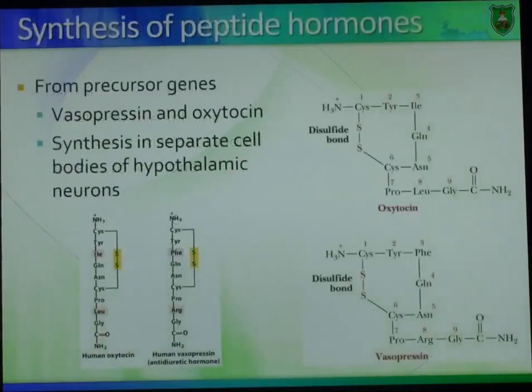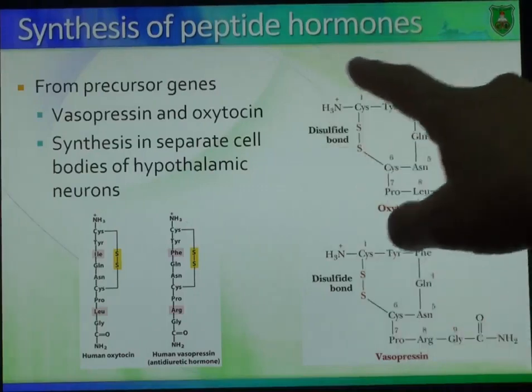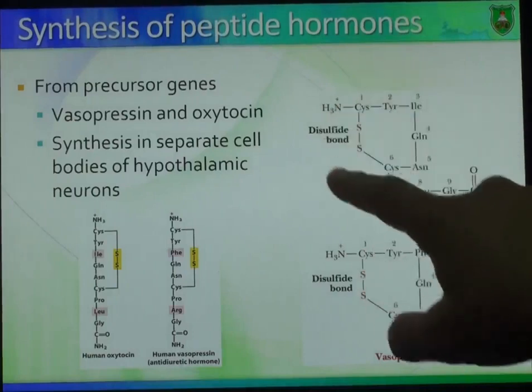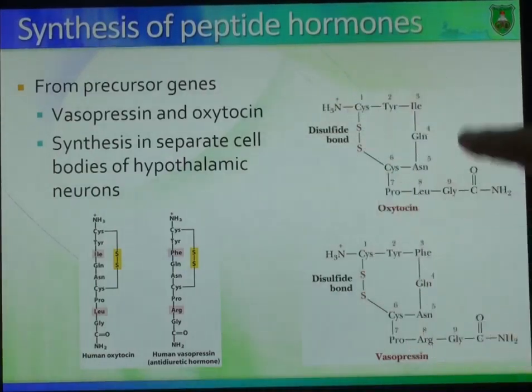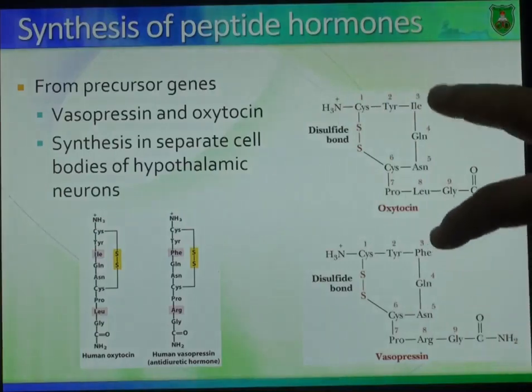Now, one example, we have synthesis of peptide hormones themselves. Excellent examples include vasopressin and oxytocin. Now, these are 9 amino acid peptide hormones. They have almost identical primary structure, amino acid composition and order, except for 2 positions.